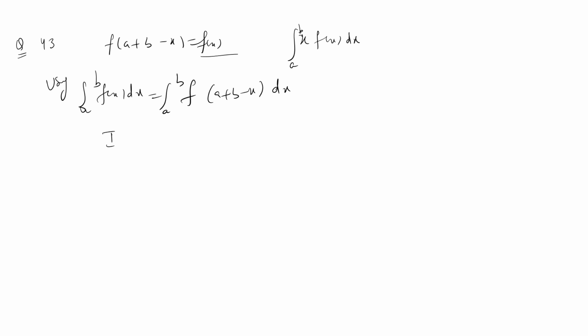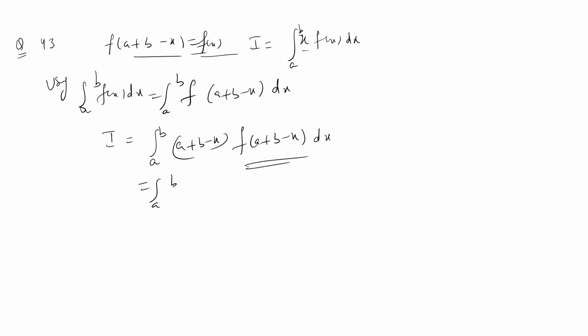So it becomes I is equal to integral a to b, in place of x I have to change it to a plus b minus x, f(a plus b minus x) dx. Now this value I have to substitute, so this will become integral a to b (a plus b minus x) into f(x) dx.